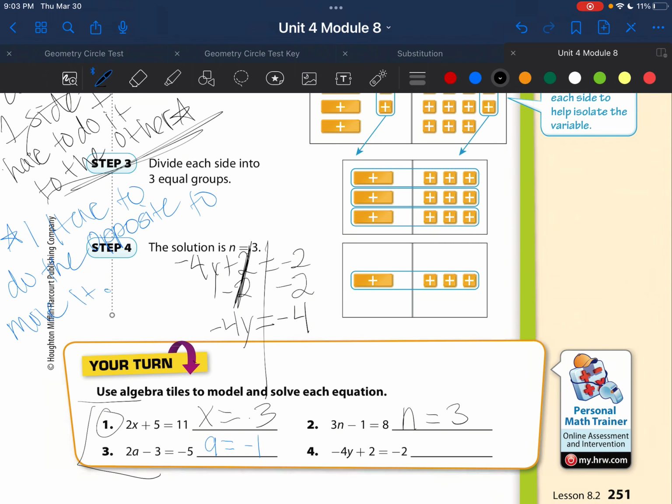What's the opposite of multiplying by negative 4? Dividing by negative 4. Okay? I can cross these out, and that means I'm left with my variable y. And we have negative 4 divided by negative 4, which is a positive 1.